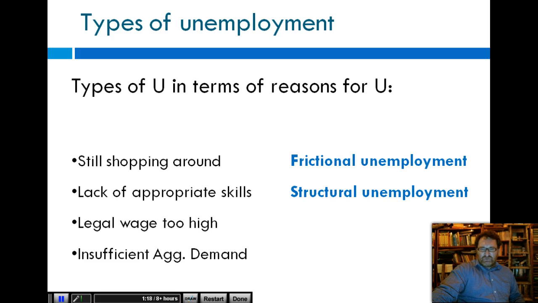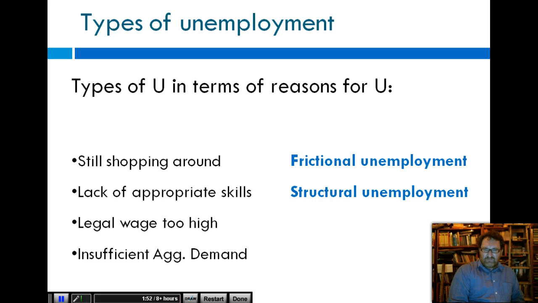The first two are called, respectively, frictional unemployment and structural unemployment. We call the first frictional unemployment because we're usually talking here about a person who has voluntarily left their job, or maybe they've been fired, but they've left their job and are searching for an alternative means of employment, but they just haven't found it yet.